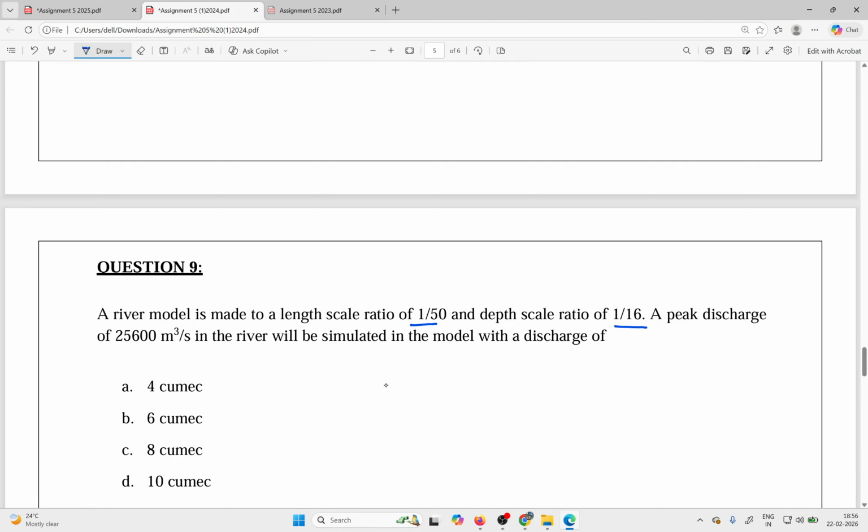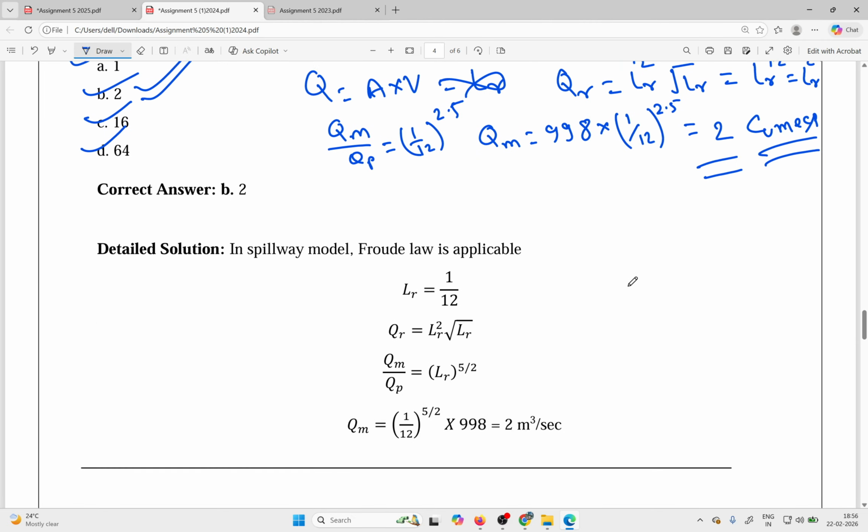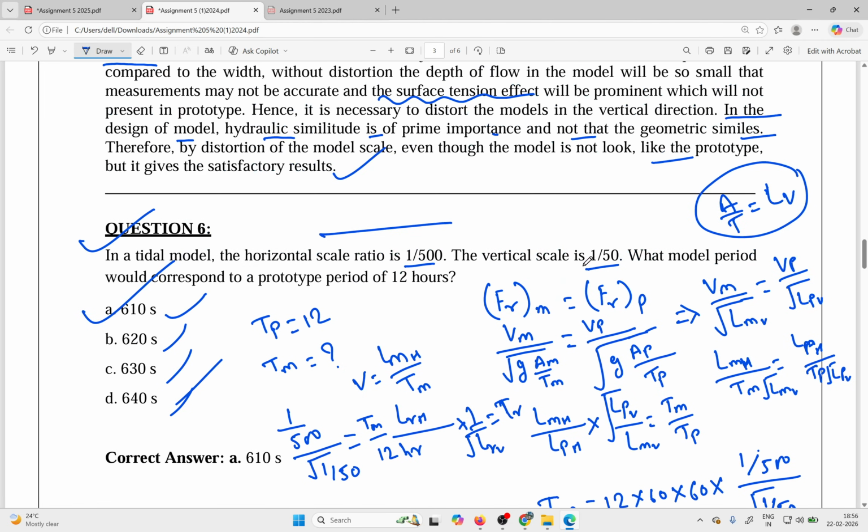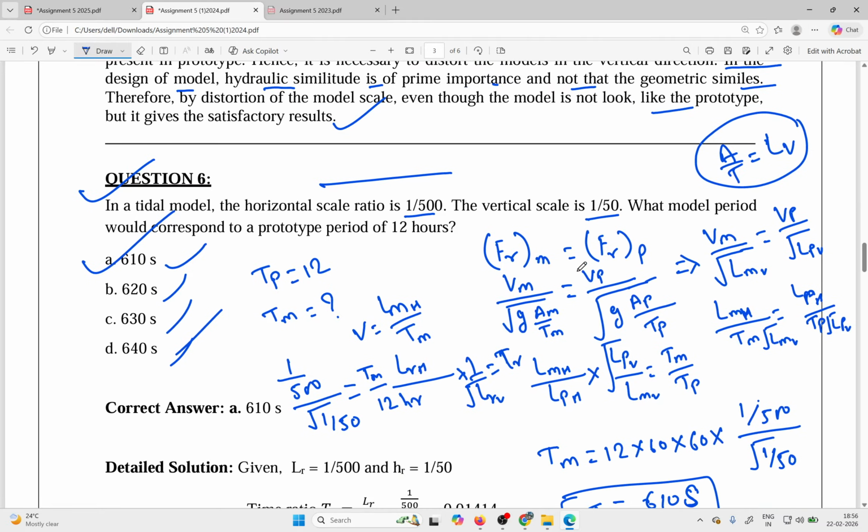So here, let me just show that first, where we have discussed in question number 6. For velocity, in the numerator we need to use the horizontal, and for the denominator of the Froude number, we need to use the vertical one.